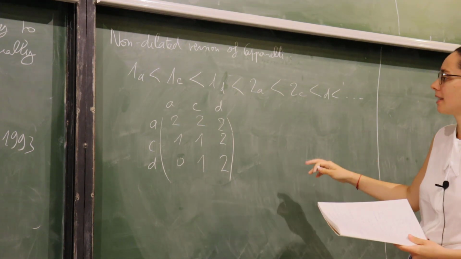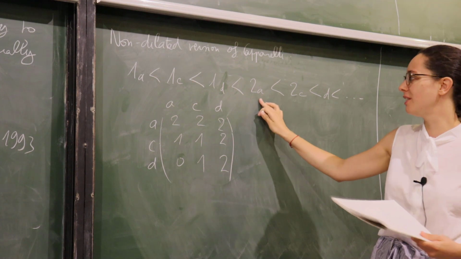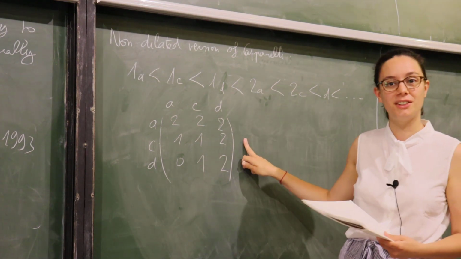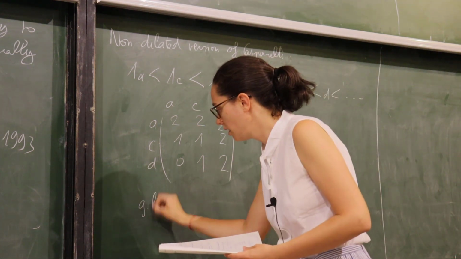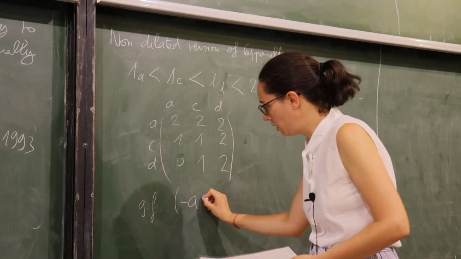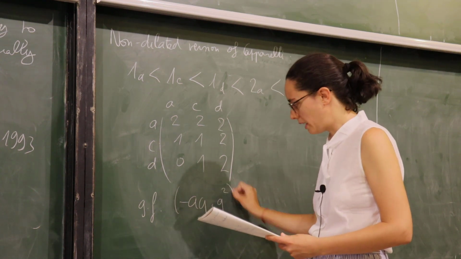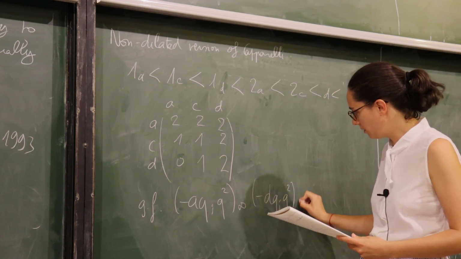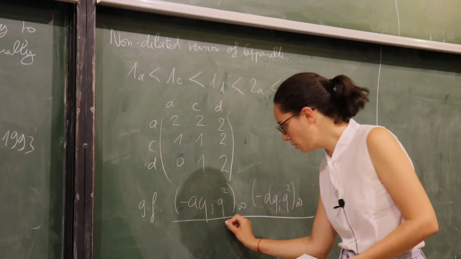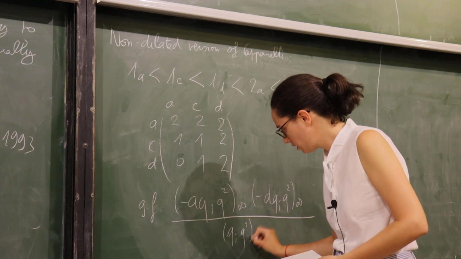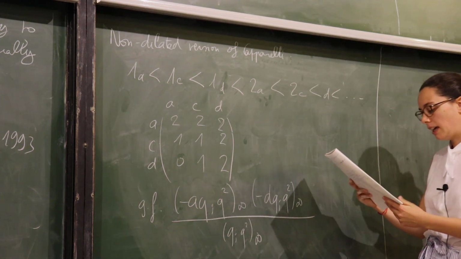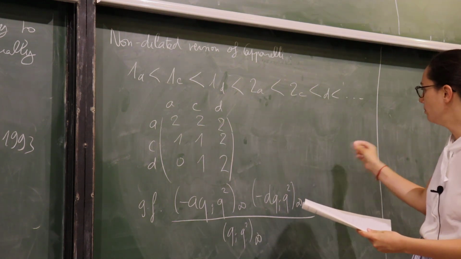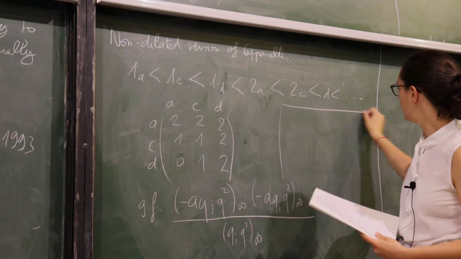And so the generating function for the partitions into colored integers satisfying those difference conditions is minus AQ, Q squared infinity, minus DQ, Q squared infinity, Q squared infinity.